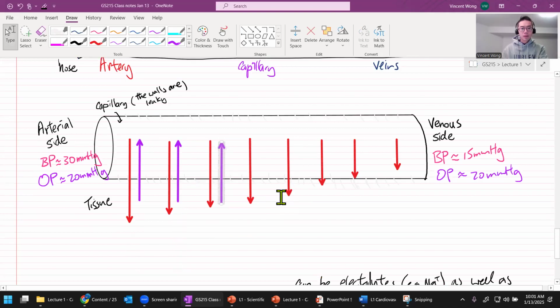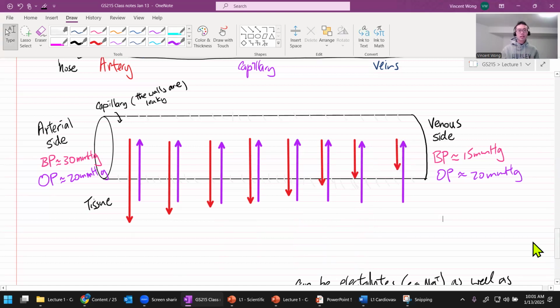So at some point, you will see in the diagram, because the blood pressure is dropping, but the OP is not, at some point the OP, the osmotic pressure, will be stronger than the blood pressure. Do you see that?